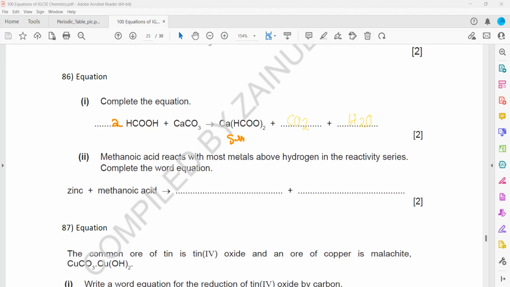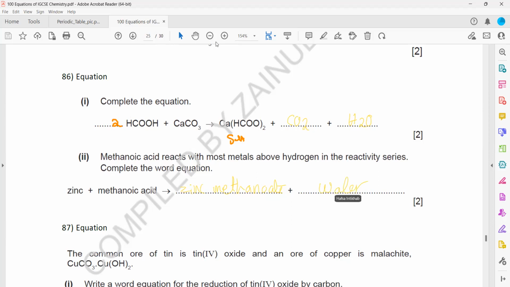Methanoic acid reacts with most metals above hydrogen in the reactivity series. Complete a word equation: zinc plus methanoic acid. What will be produced when an organic acid reacts with a metal? It will be a salt, but which salt? Zinc methanoate. Salts are produced, metal plus acid.